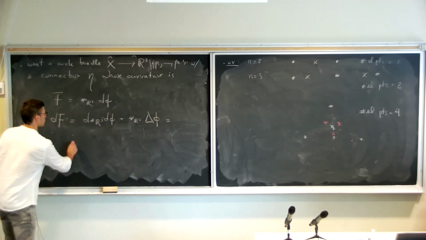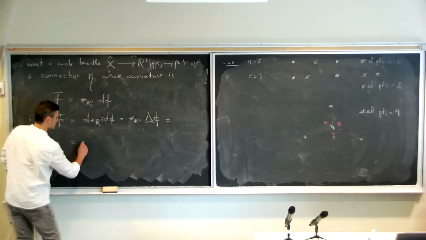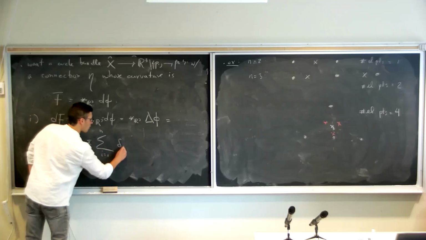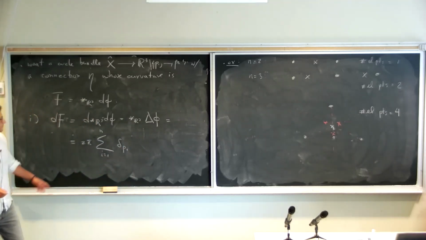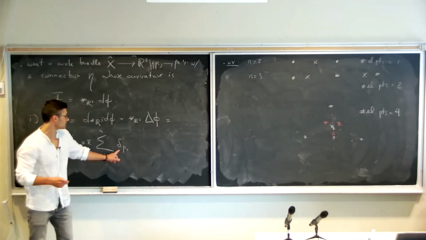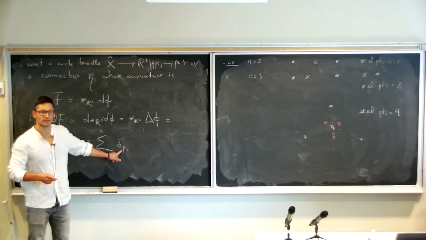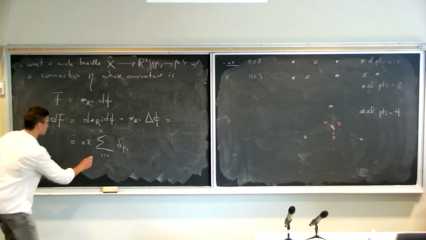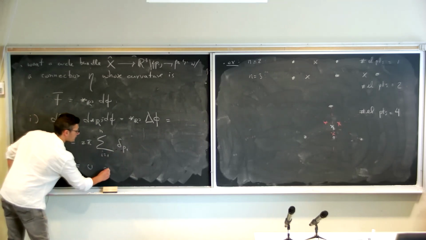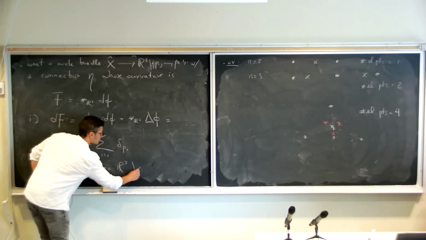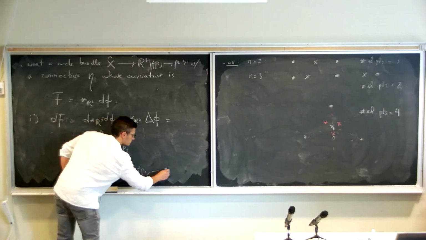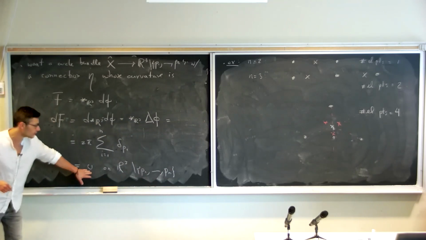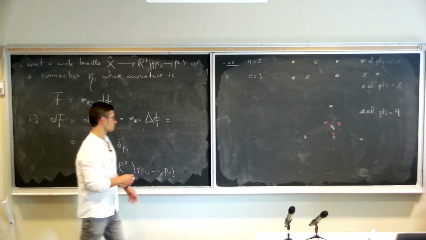And now the Laplacian of phi is 2 pi times the sum from i equals 1 to n of the delta at pi. This is basically the definition of how you get the electric potential, with unit point charges at the points pi. Of course, this is 0 on R3 minus the points, because that's supported on the points. So we are good. This is indeed a closed two form on R3 minus those points.